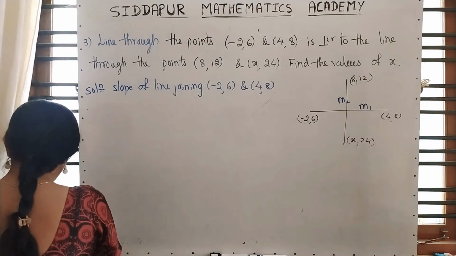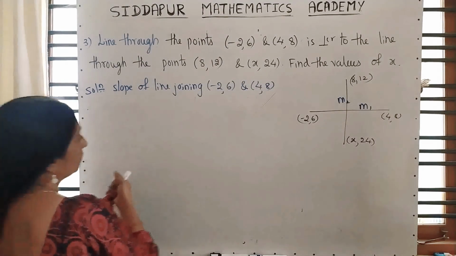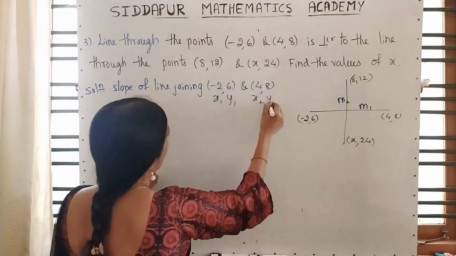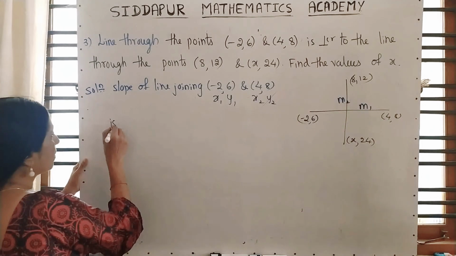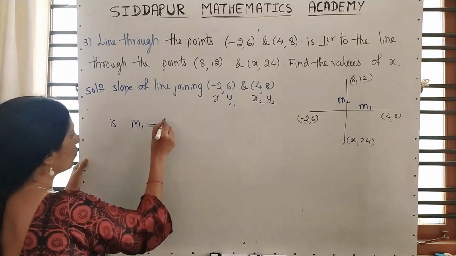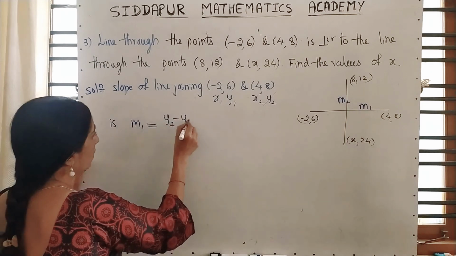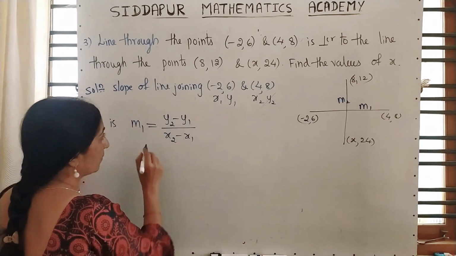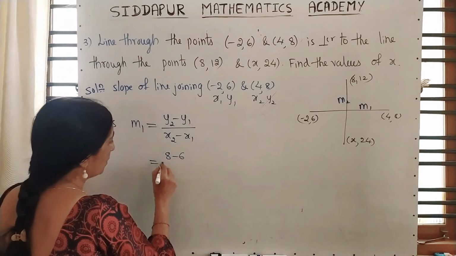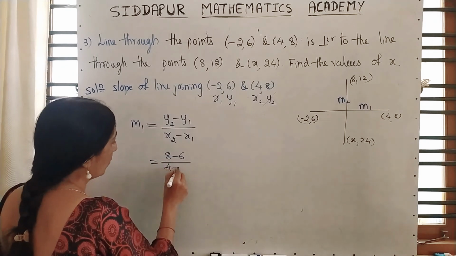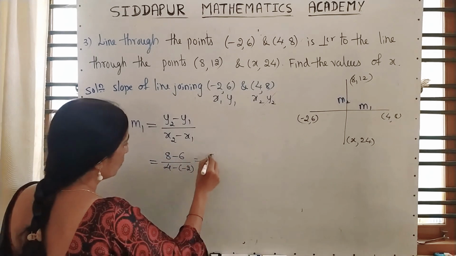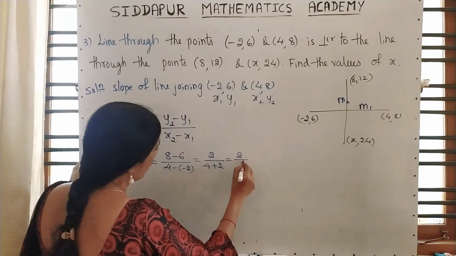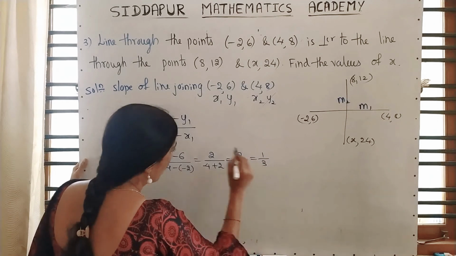So take this as x1, y1 and x2, y2. m1 is equal to, first I will write the formula, y2 minus y1 upon x2 minus x1. 8 minus 6 upon 4 minus of minus 2. 2 upon 4 plus 2, that is 2 upon 6, which is nothing but 1 by 3.